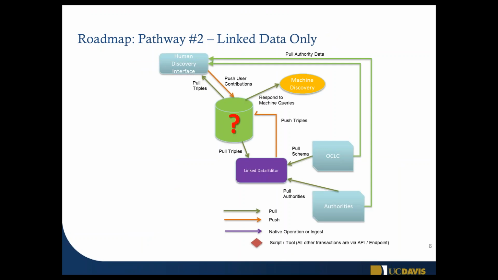The other workflow possibly exists, or probably needs some more study, is what if we just immediately move into linked data? So in this workflow, as you can see on the screen, that green container, I have a big question mark there.